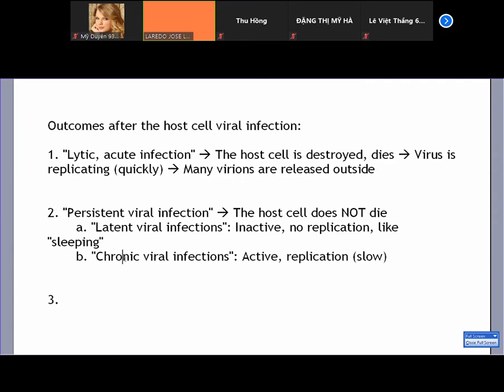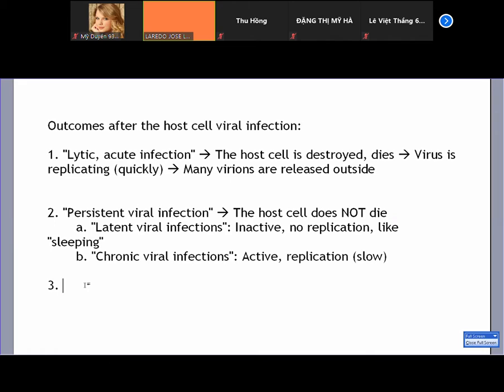However, during chronic infections, the virus is also replicating, but very slowly. And another difference, during lytic infections, the host cell is destroyed. During chronic infections, the host cell is not destroyed. So persistent infections.